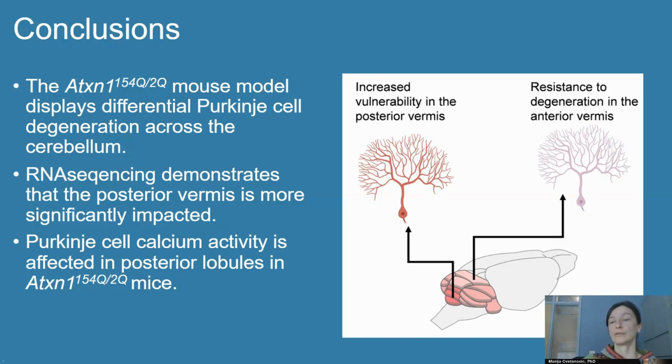And also fiber photometry, imaging of the calcium activity, shows us that Purkinje cell function is more impacted in the posterior lobules. This gives us a really good system in which we can then probe for causality. We can manipulate certain genes and pathways to see if we can rescue this selective vulnerability in the posterior vermis and make them as resistant to disease as the anterior vermis Purkinje cells.